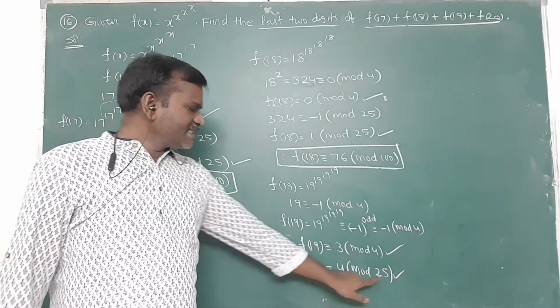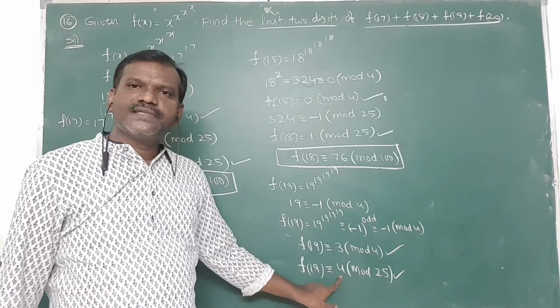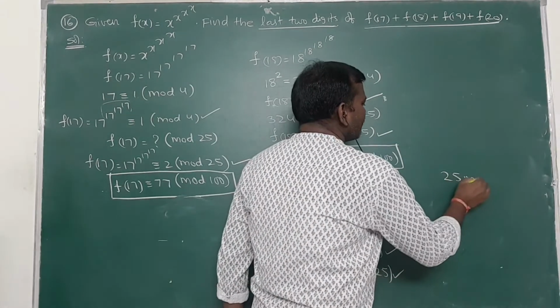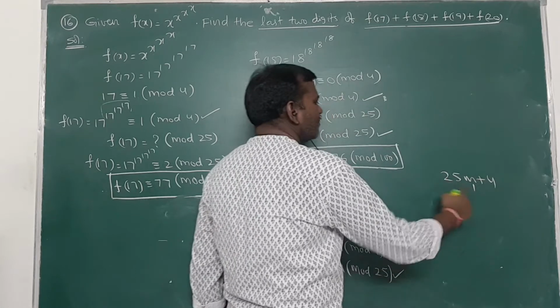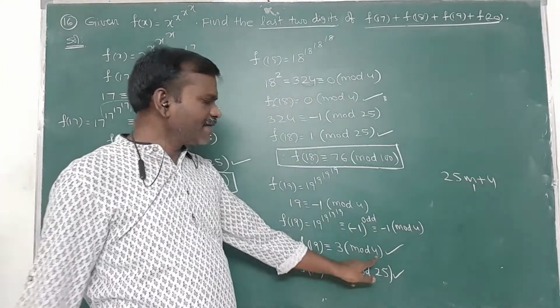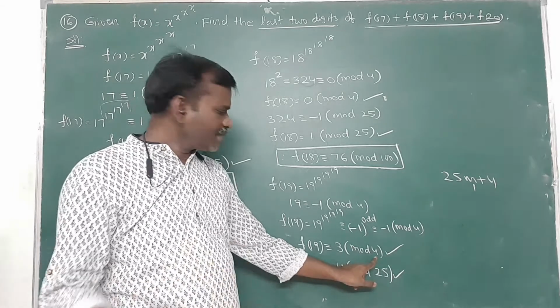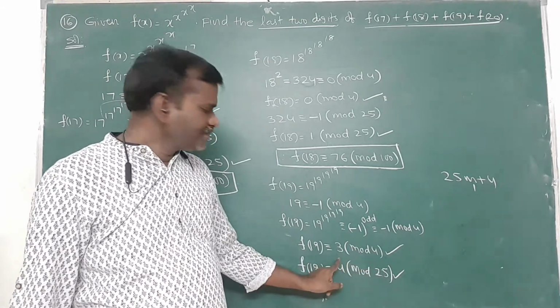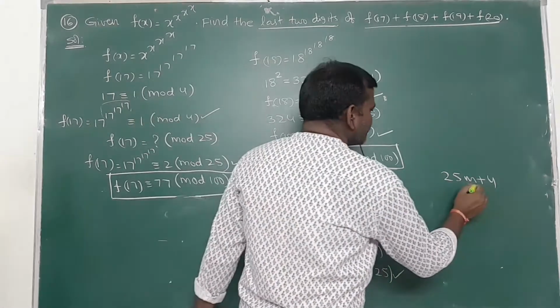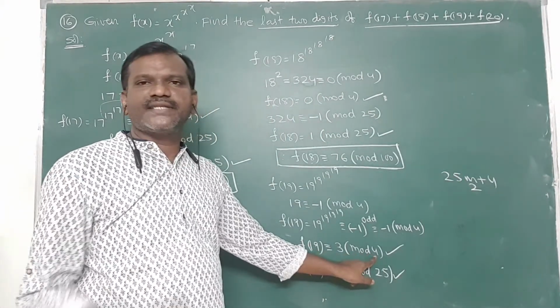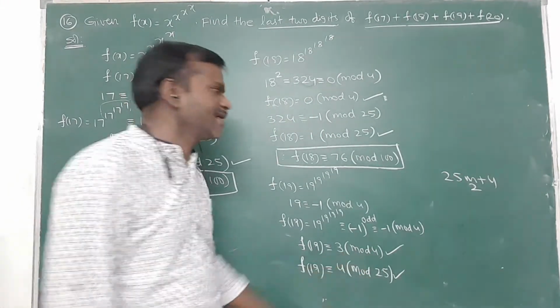F of 19 is 25m plus 4. If m is equal to 1, I am getting 29. 29 when divided by 4, remainder is 1 only, not 3. I want remainder 3. So if m is equal to 2, then 54. 54 when divided by 4, remainder is 2, not 3, but I want 3.